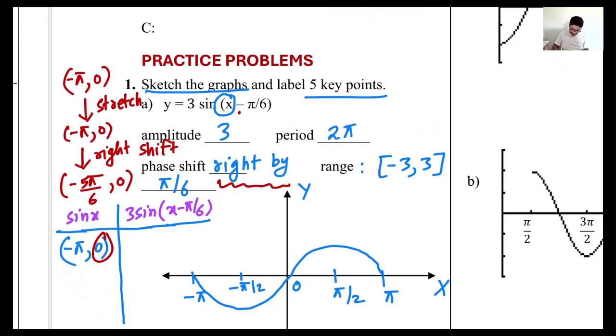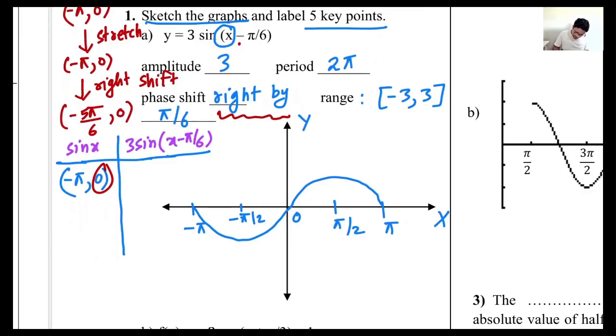And where's that? That minus 5 pi over 6 would be 1/3 of the way between minus pi over 2 and minus pi. Pi over 6 is 30 degree. Okay, if you are wondering, what is the logic here. Pi over 2 is 90 degree, pi is 180 degree. That gap is 90 degree. So pi over 6, 30 degree.